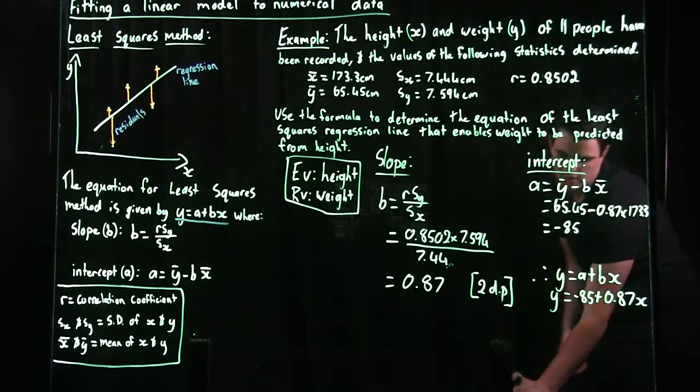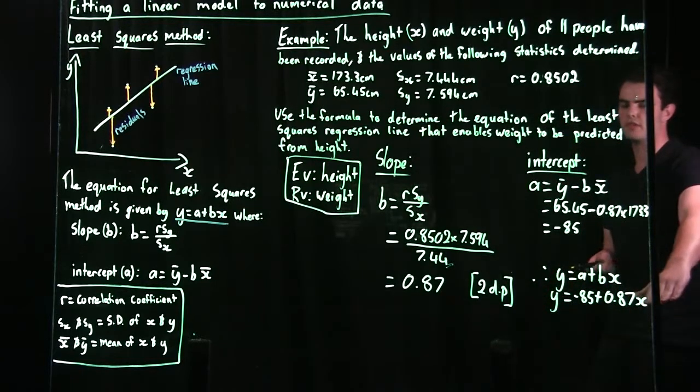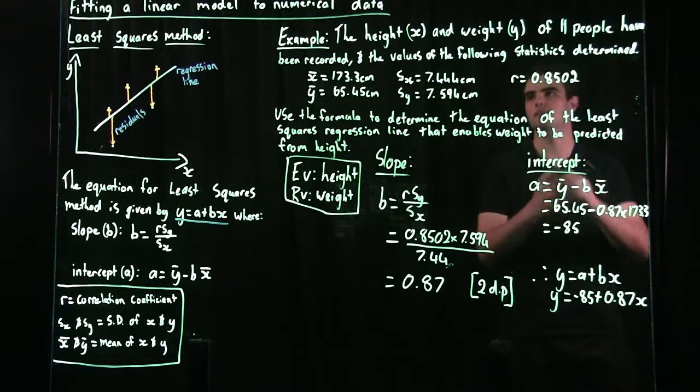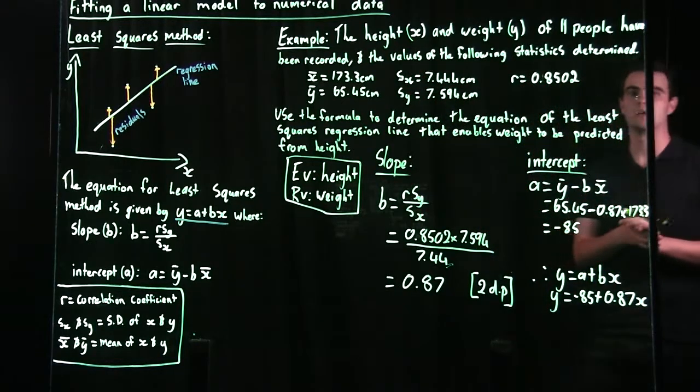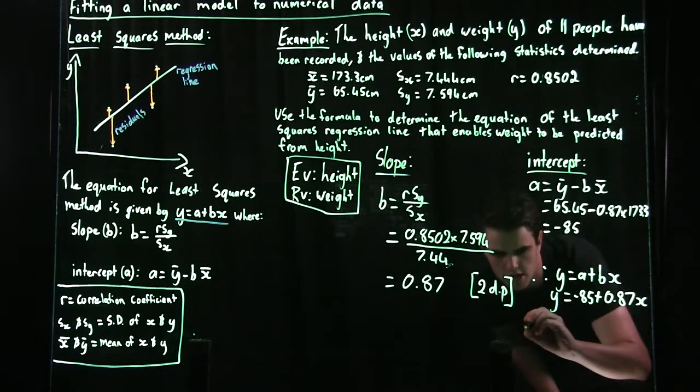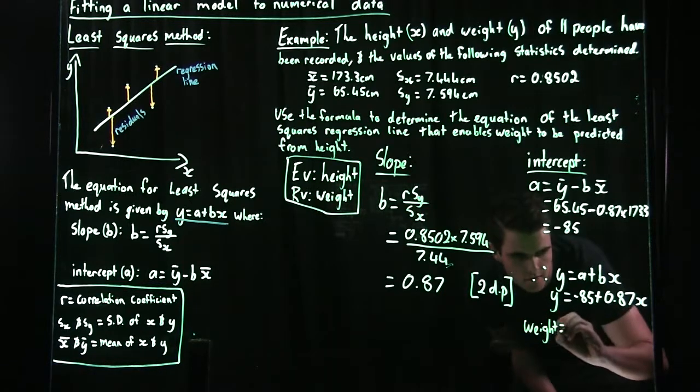Rather than leaving it at this as my answer, at the very start it said height x and weight y. So I'm going to do one more quick step where I substitute in what they have asked.